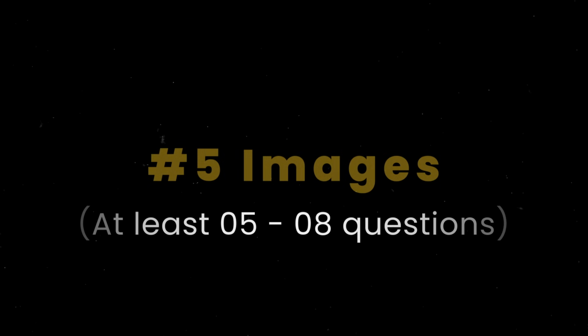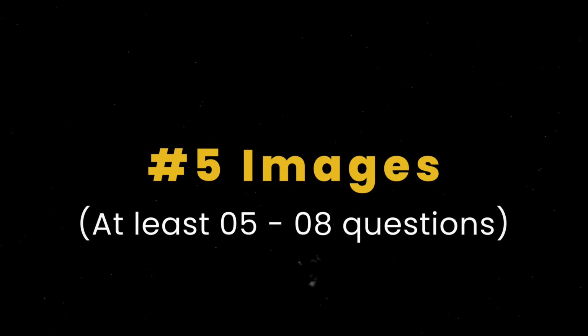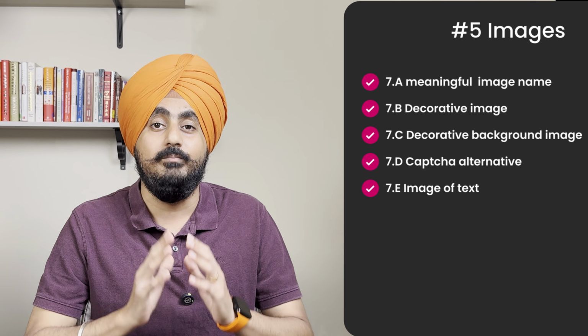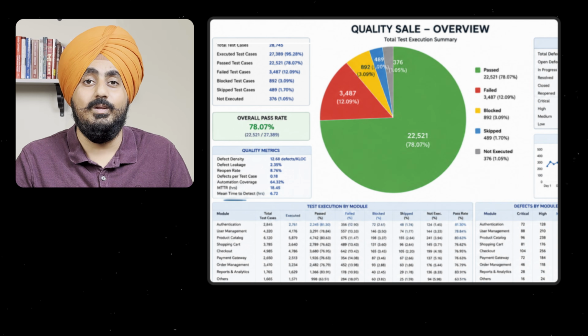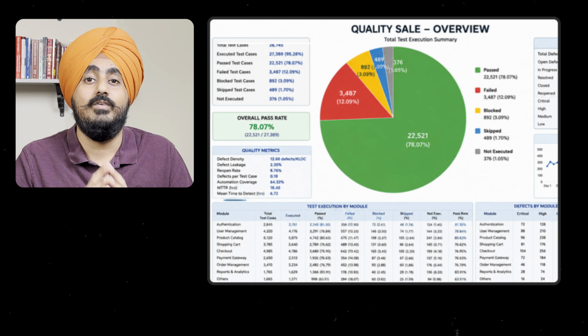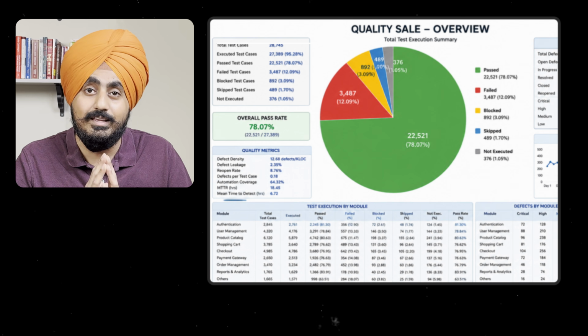Now let's talk about the section that causes more chain reactions than almost any other: images. Not because the conditions are difficult, but because of the first decision, before you evaluate anything else, you have to answer one question: is this image meaningful or decorative? Sounds simple until you're staring at one of the images where the answer isn't obvious.